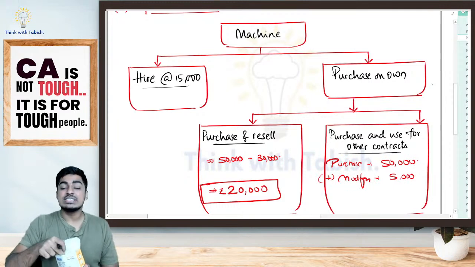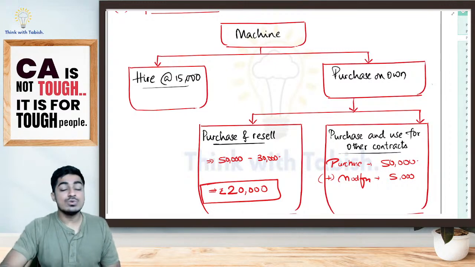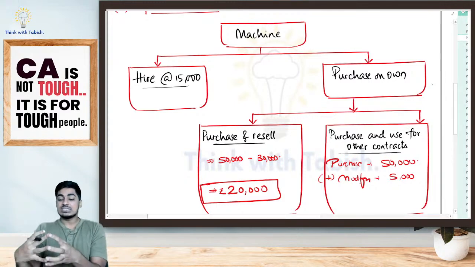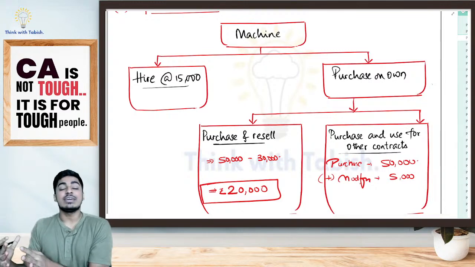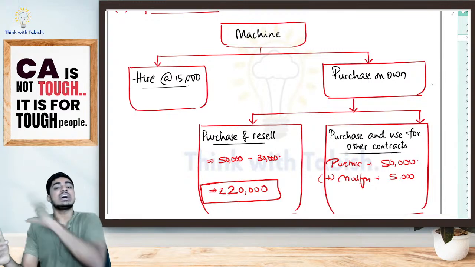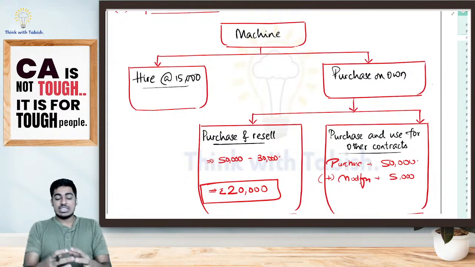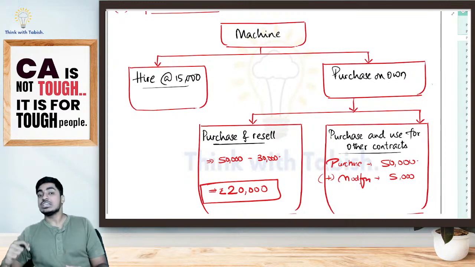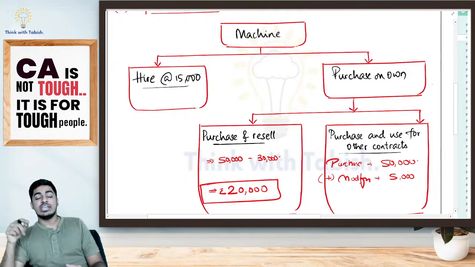But now what is happening is, I can save. I can use it for another contract. Now I have modified this machine, I can use it for another contract. If this machine was not available, I should have purchased another machine for which I should have paid 45,000. Because this machine is there, I need not purchase.